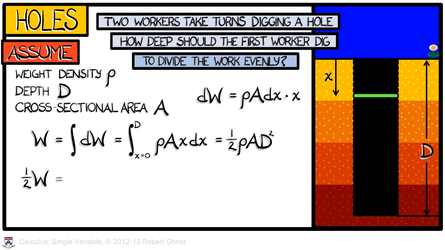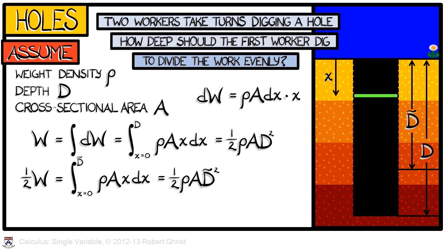Now, if the two diggers divide the work evenly, then the first one has to do 1/2 of that work, digging down to a level D tilde. And so let's integrate from 0 to D tilde. This same function will get, of course, 1/2 rho A D tilde squared.